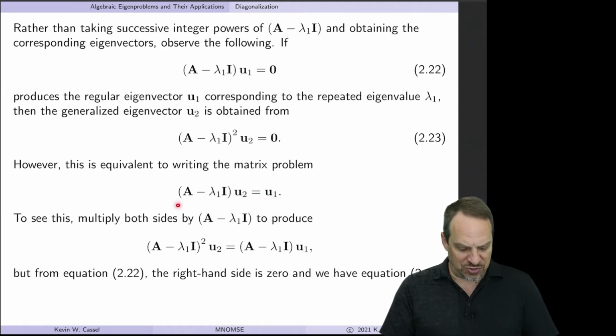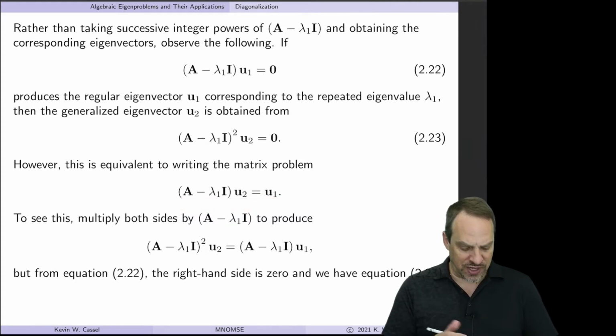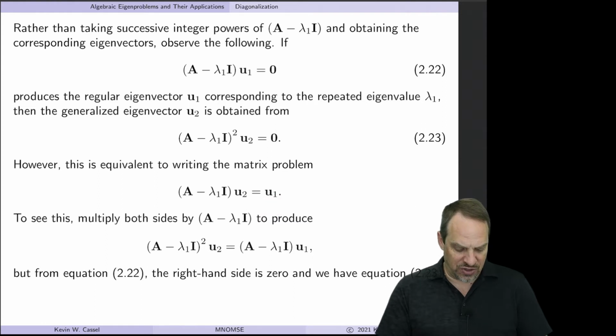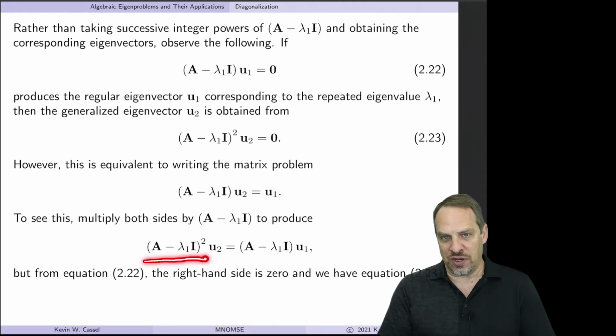So this would be a system of equations that is now non-homogeneous. It has a known right-hand side, which is the first regular eigenvector that we already have. Okay, so let me show you that these two are actually the same. If I take this expression right here, and multiply both sides by (A - λ1 I), on the left, I'll have (A - λ1 I) squared, of course, times u2.